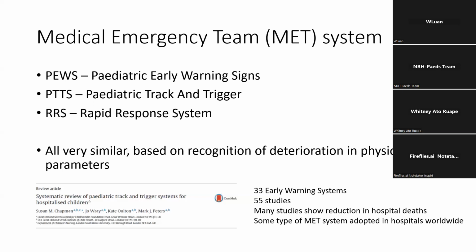They're essentially the same concept, and that is they're based on the recognition of deterioration in physiological parameters. There have been many, many studies: 34 different types of early warning systems and 55 different studies, and they all show an improvement in outcomes when you have some sort of simple MET system in your hospital.